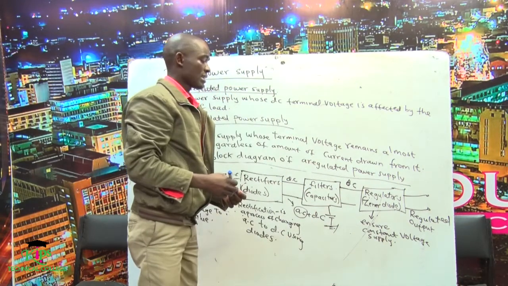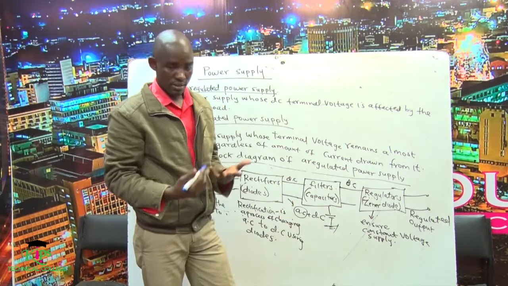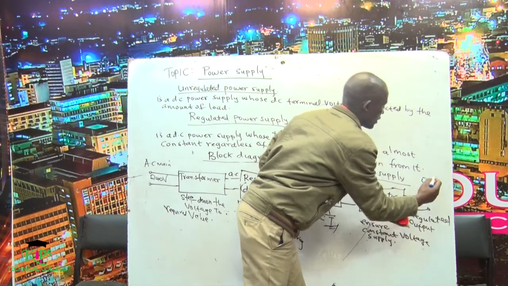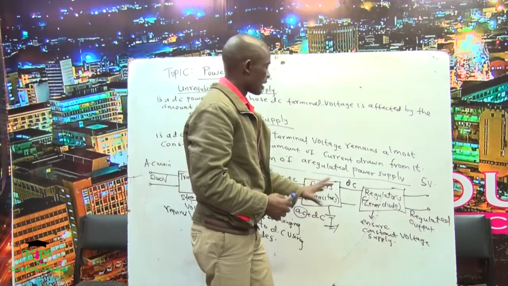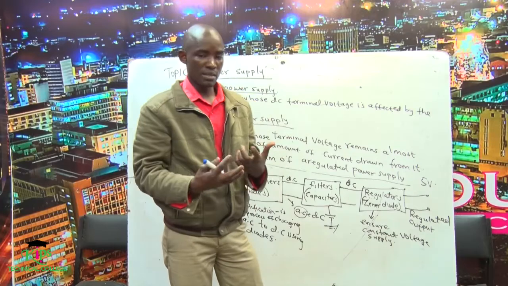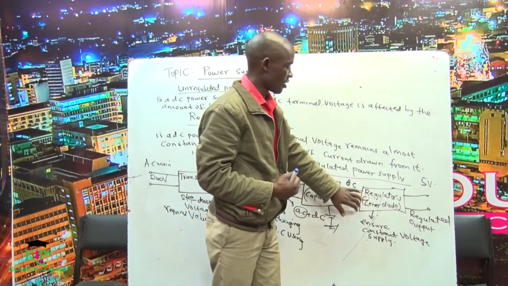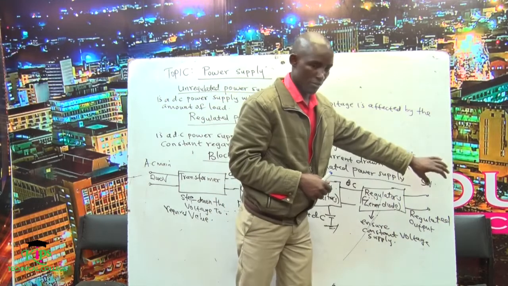It will operate in such a manner that if voltage is less, it will compensate. So if we say we need 5, if by any chance voltage drops along this section, this regulator has got a mechanism of making up. If the voltage drops to 4, this regulator will have a mechanism of increasing it to 5.